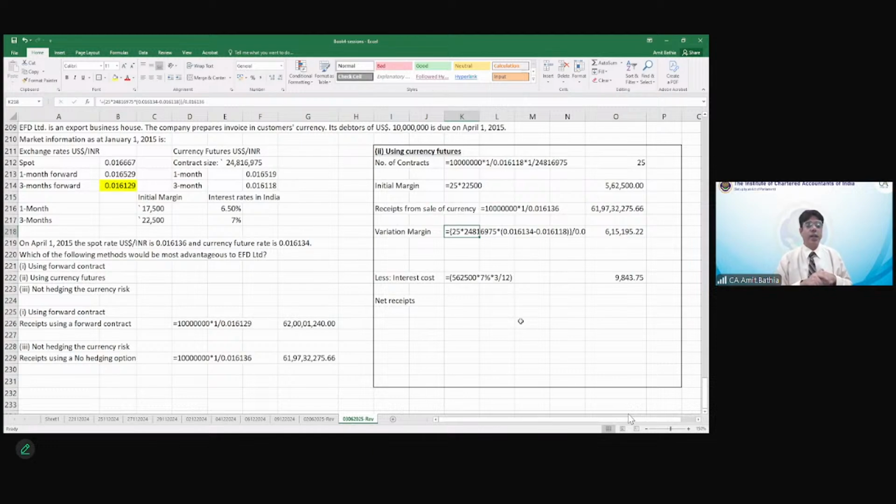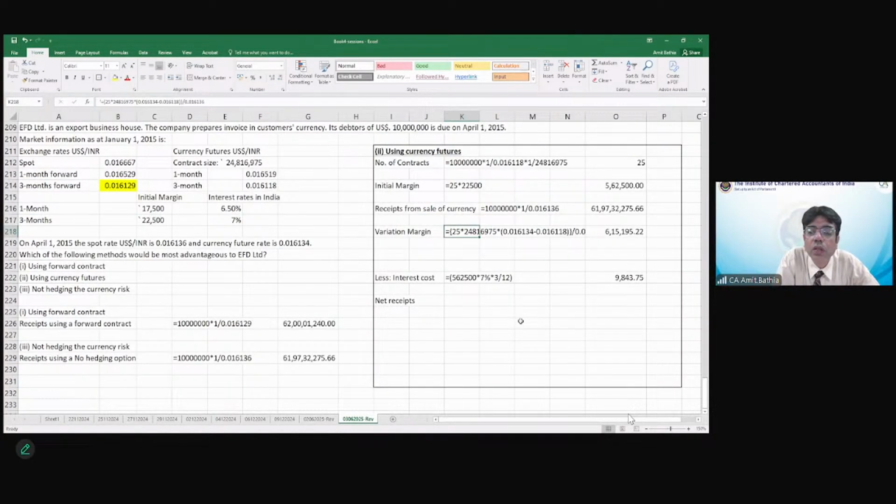All right. So currency futures is giving you an option basically, right? You want to be in the same position as you would have been. So today's spot rate is better off compared to your future rate.